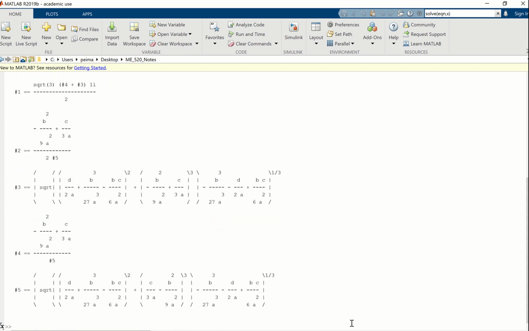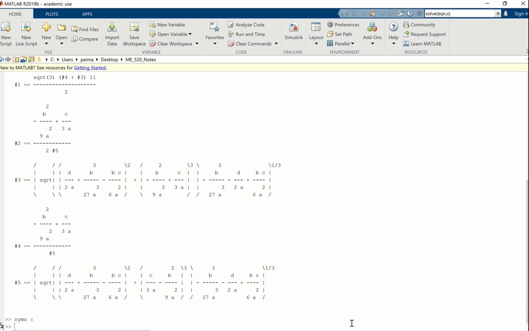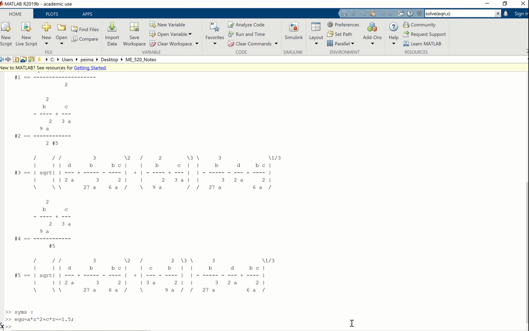So let me solve another problem. So if it says syms of z, now I want to solve this equation, z square, okay, plus simplify, plus sin z, and plus, that's it, is equal to 1.5.